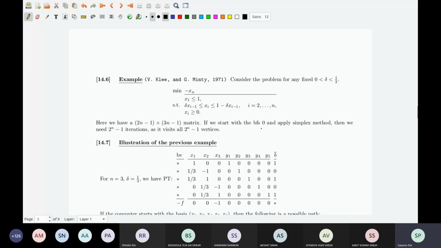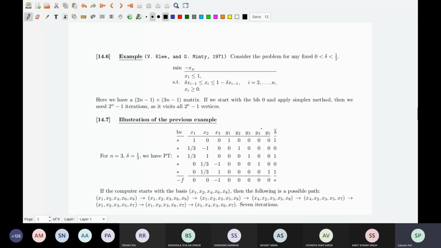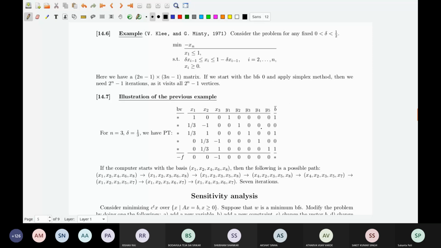So for example, I have given the illustration. The problem would look like this only. For n equal to 3 and delta equal to 1/3, whatever delta you want to take between 0 and a half, I have taken 1/3.